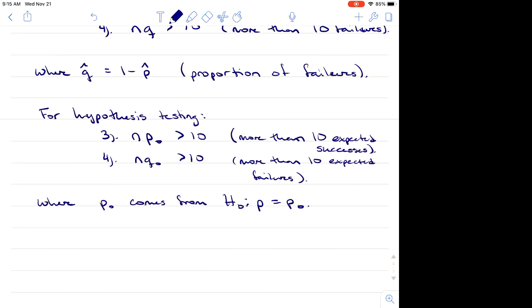So it's going to be the proportion that we want to compare our sample proportion to.